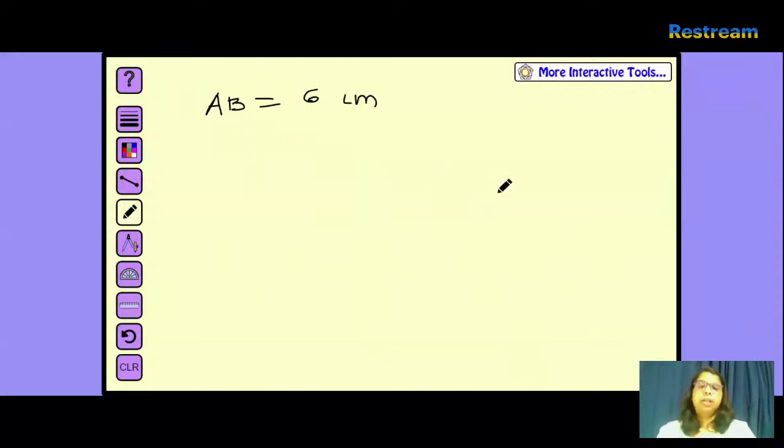Can you draw this perpendicular bisector of 6 centimeters and tell me in the chat whether you can do it? So are you able to do it? I hope you are able to do it.